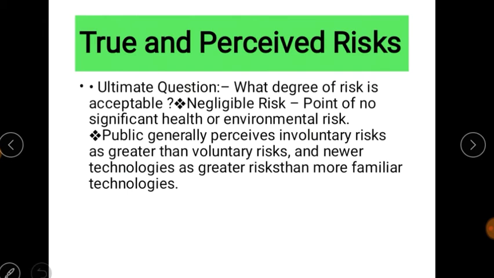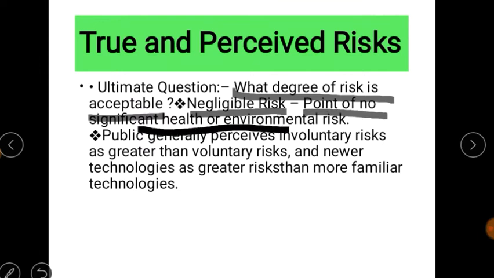The ultimate question is, what degree of risk is acceptable? How much risk is acceptable? That is the ultimate question in the decision making process. Negligible risk. Point of no significant health or environmental risk is negligible risk.